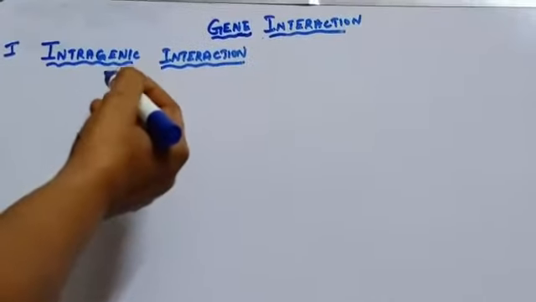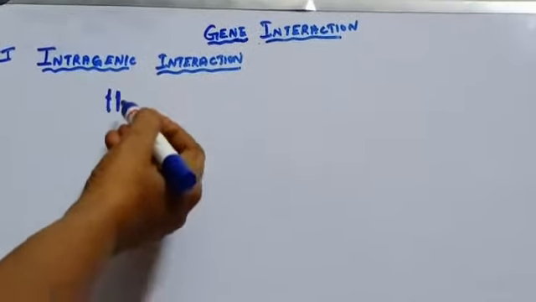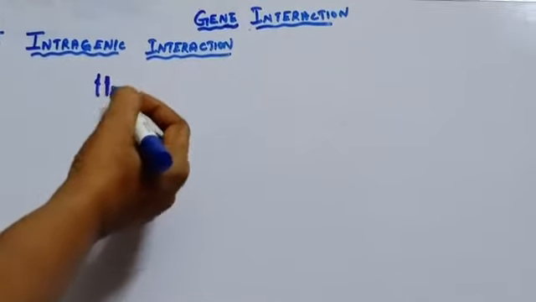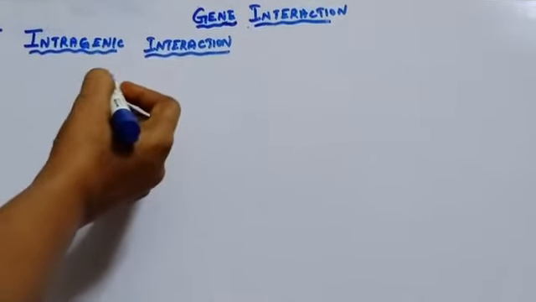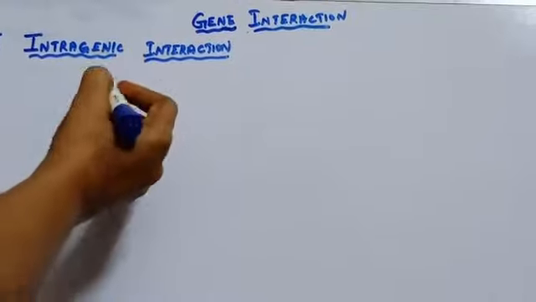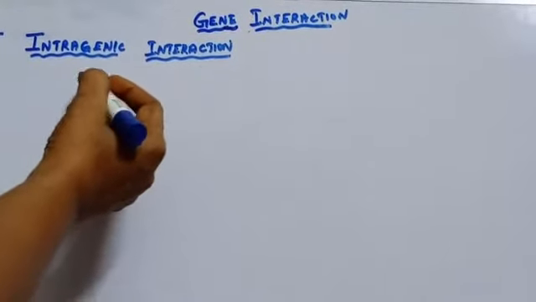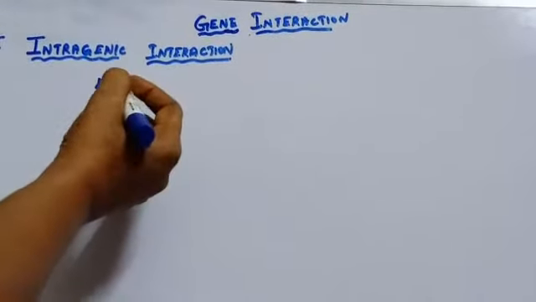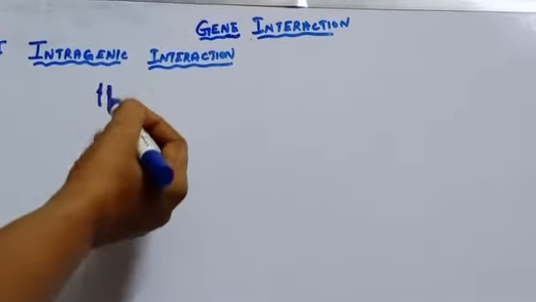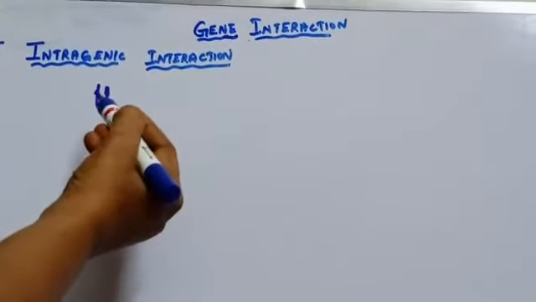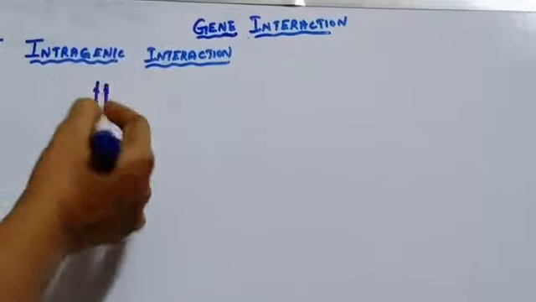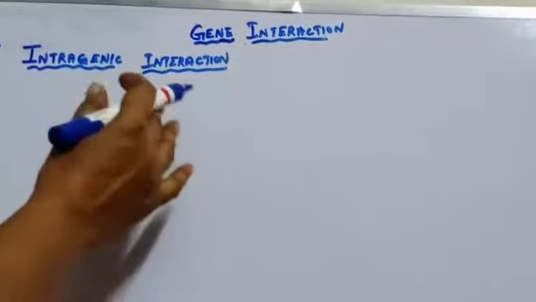Intragenic interaction means interaction between two alleles of genes which are present on the same gene locus on two homologous chromosomes and react with each other. And the expression of the F1 hybrid is different from the normal dominant recessive phenotype.